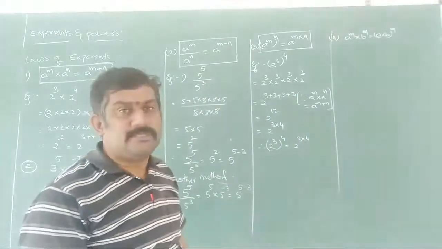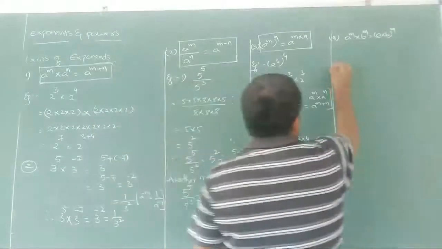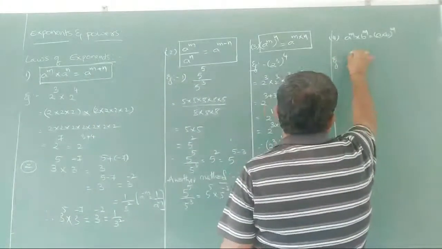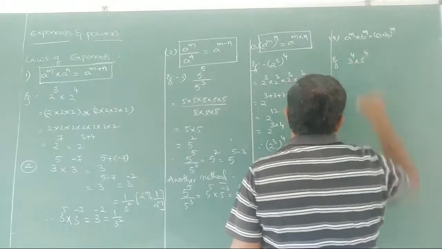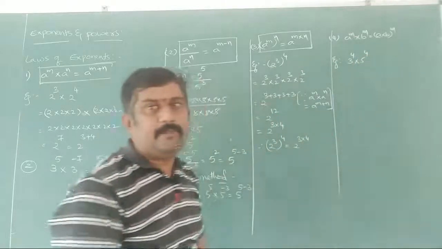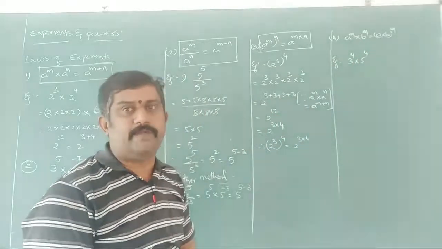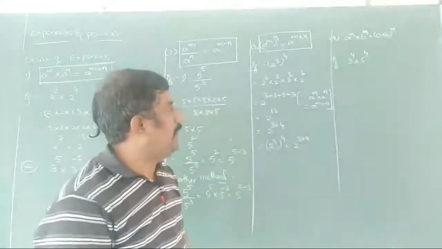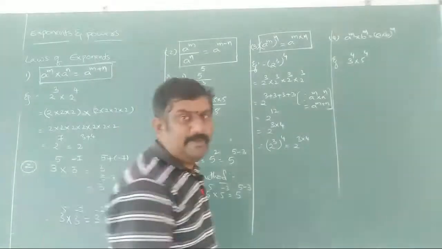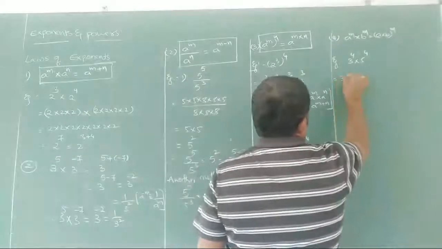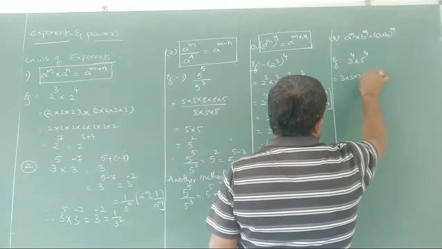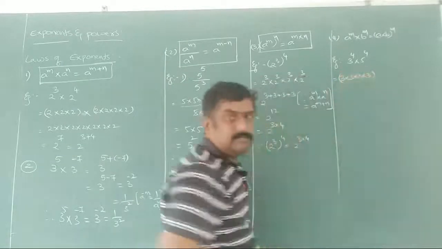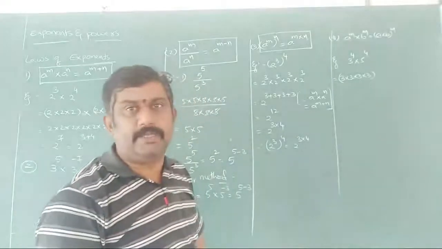Now you just take an example for this. 3 to the power of 4 into 5 to the power of 4 I am taking here. Now you observe here, 3 to the power of 4. How many times we can write 3 here? 4 times. 3 into 3 into 3 into 3.